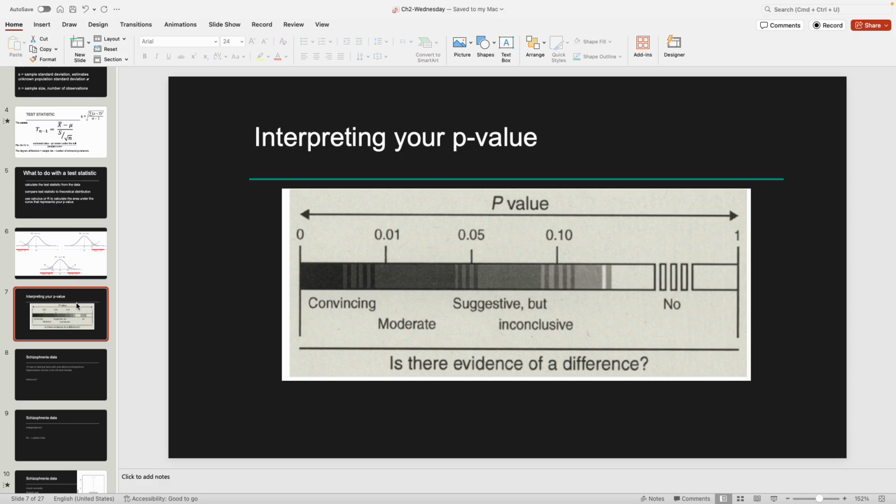Okay? I'm showing you this slide because I want you to think of p-value as more of a spectrum. The traditional p-value testing methodology doesn't leave much for interpretation or thinking about your data. So for example, if you had a significance level of 5%, but your p-value was 0.051 or 0.055, well, that's really close to the cutoff, but technically it's greater than the cutoff, so you'd have to fail to reject.